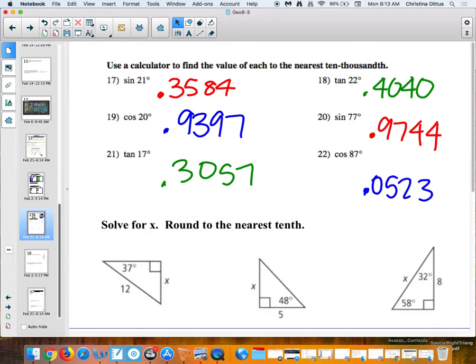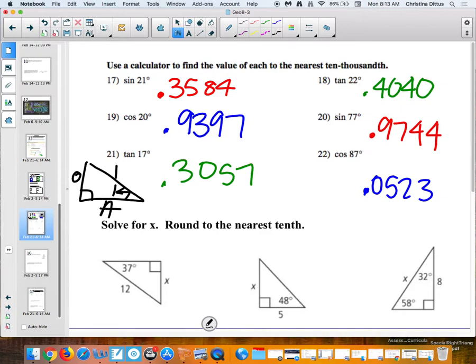I want fruit snacks. Okay, here's how this works. If I'm looking at tan of 17, let's say this angle's 17, my opposite over my adjacent is 0.3057.